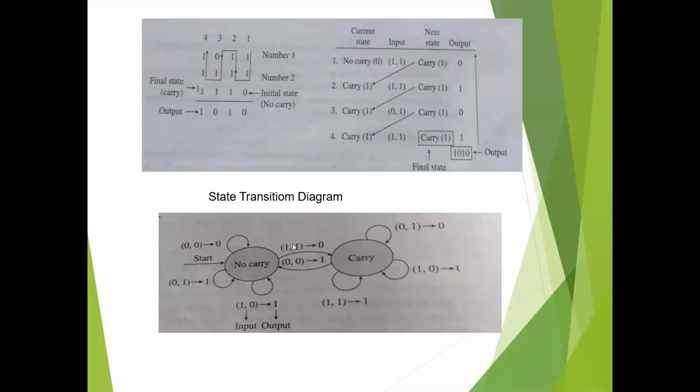Now this carry, no carry, you can see here in the transition diagram. So you will start with the no carry state and give your input. It can be 1 1, because we are making it generalized. So to the very first state, you can have the input 0 0, you can have 1 0, you can have 1 1, you can have 0 1, and you have to check: if the input is 0 0 and there is no carry, output will be 0 and you will remain here.